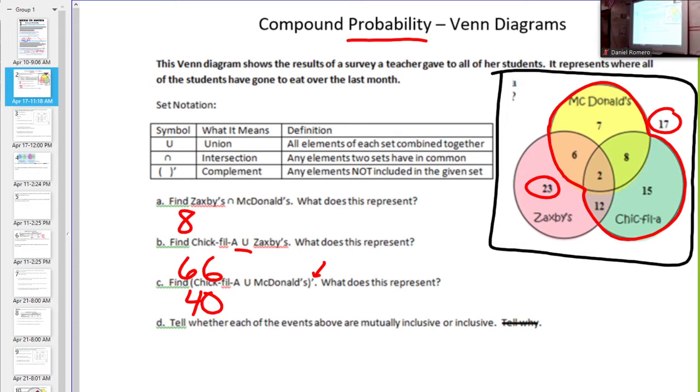Tell whether the events are mutually, and this is weird, I don't know why they use these words, but let's change this to exclusive. In order to be mutually exclusive, it can't be an intersection. Exclusive means exclusive. Like they're completely separate. So, do any of these events that we've done have an intersection?